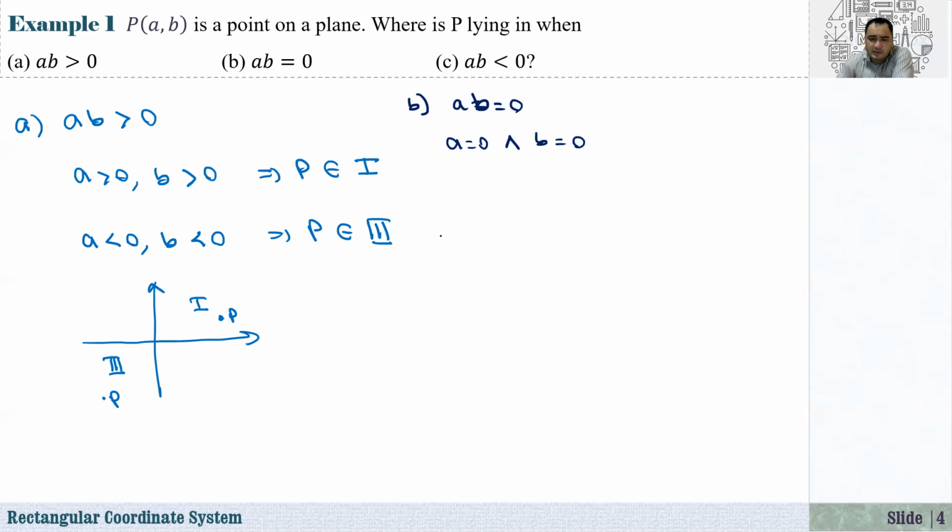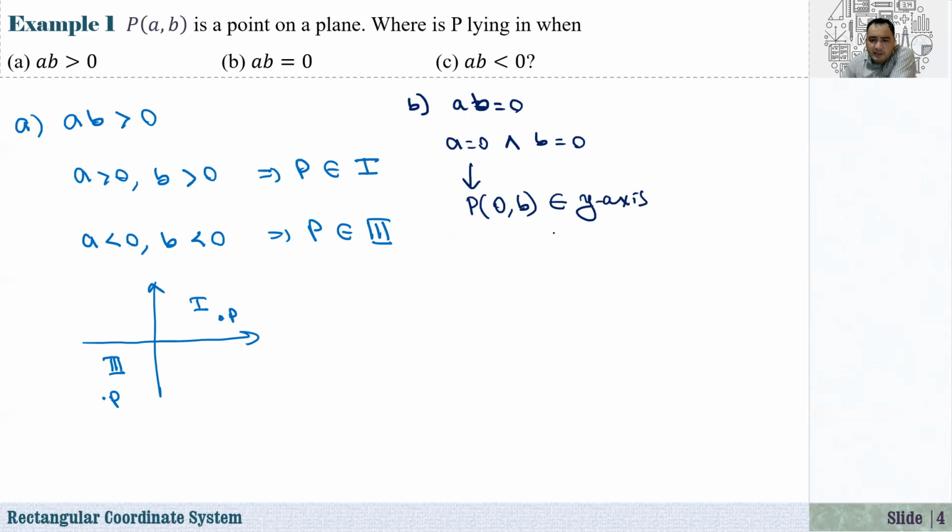Both of them can be equal to 0, it doesn't matter. So now, if A is equal to 0, the coordinates of P will be something like this: here we have 0 and B. B can be anything. At that time the x coordinate is equal to 0, so this point belongs to the y-axis. It is on the y-axis.